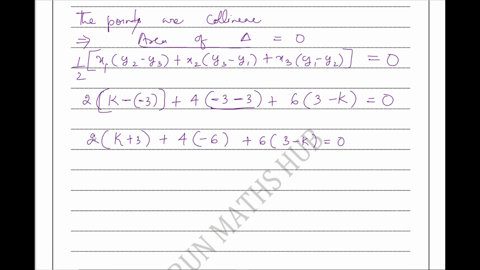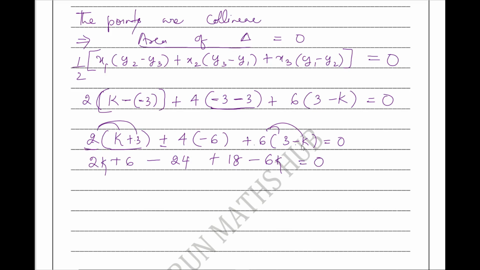Now multiply. It is a monomial binomial multiplication. Now 2 into k is 2k, 2 into 3 is what? 6. In the same way, plus into minus, 4 into 6 is 24. Now 6 into 3 is what? 18. 6 into k is 6k, plus into minus equals 0.